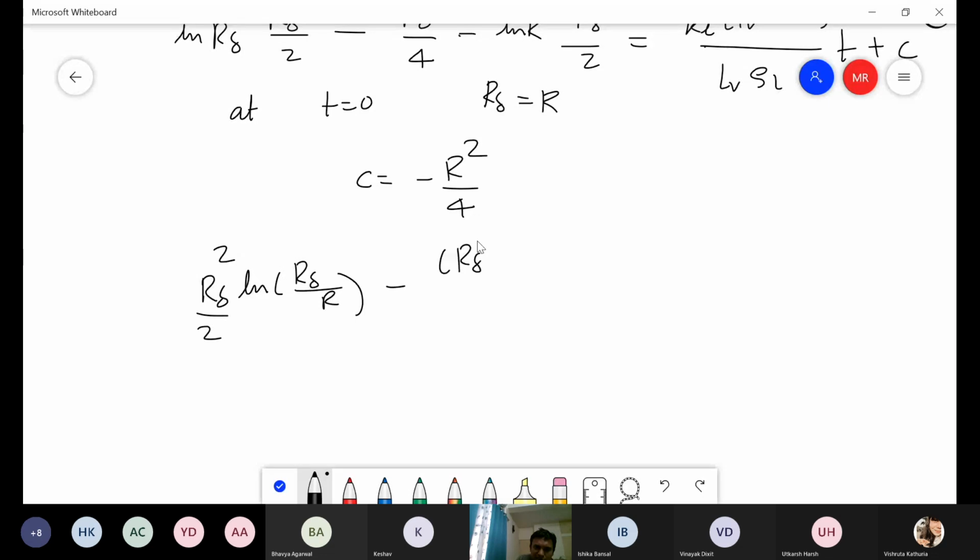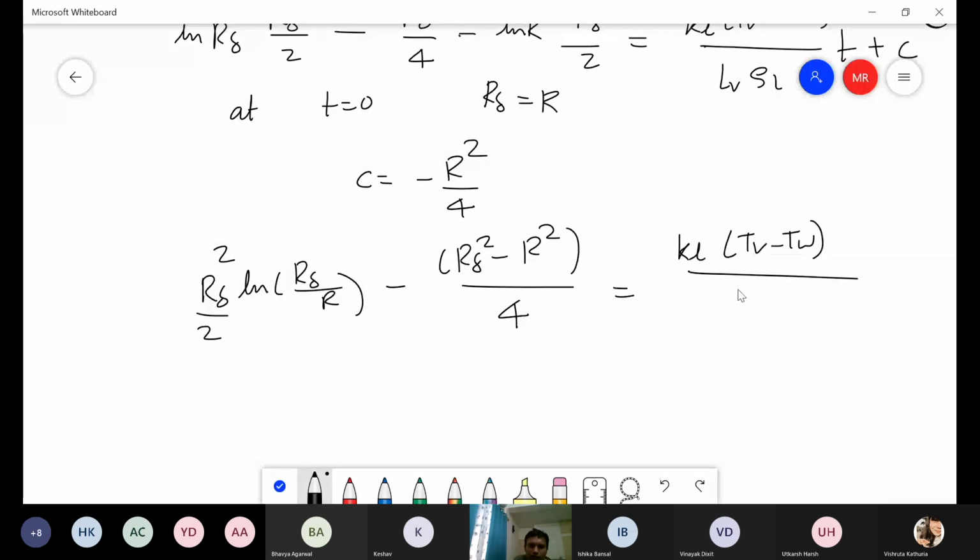So c is taken out on the left hand side, and the right hand side we are left with k_L (T_V minus T_W) over L_V rho_L into t.